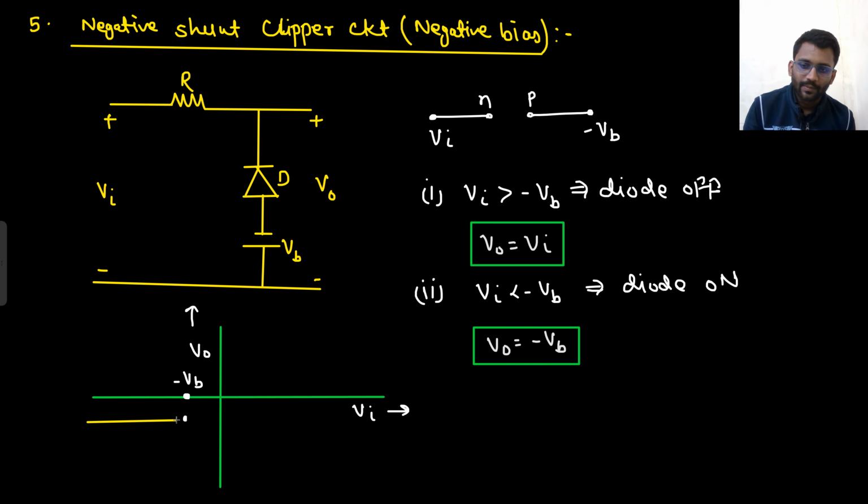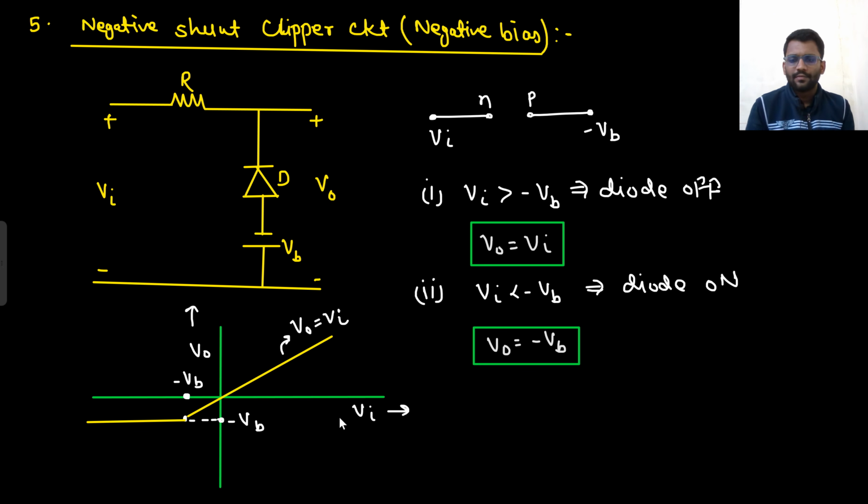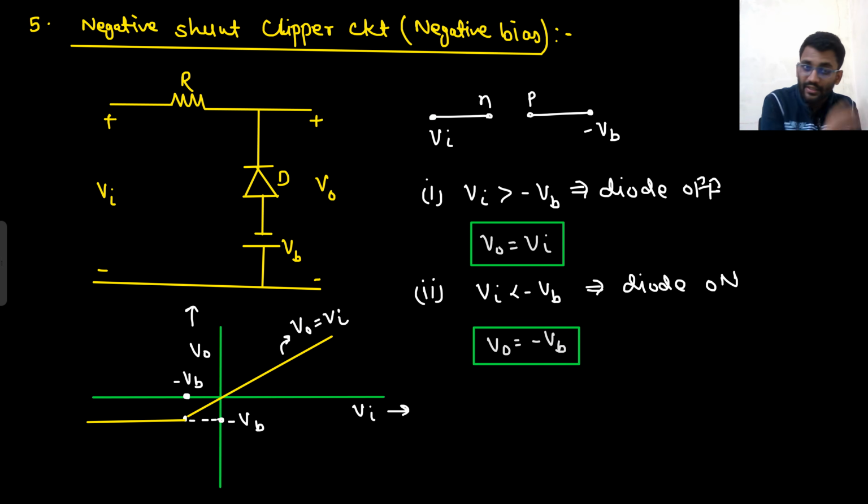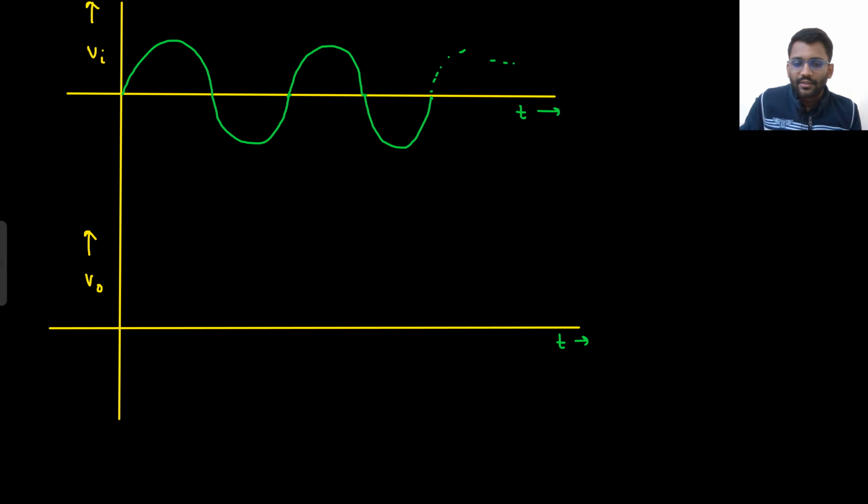And for V in greater than minus VB, V out is equal to V in. That's the transfer characteristics. Okay, you have to draw the sinusoid waveform as well. So yeah, you can do that. What is the transition point? That is minus VB.